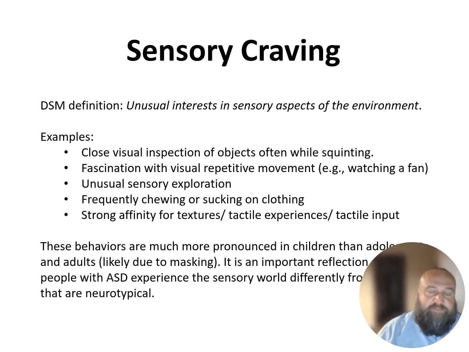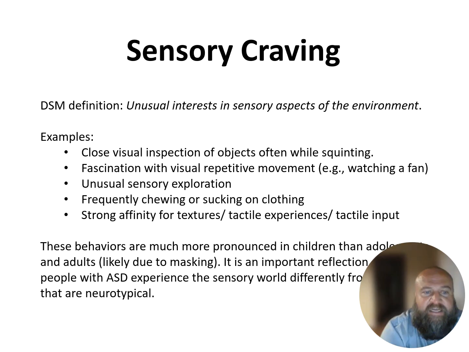Another interesting aspect of the sensory component of autism spectrum disorder is something called sensory craving. This can be defined as an unusual interest in sensory aspects of the environment. So this is you interacting with your environment more than the passive things I was talking about before. And it usually leads to behaviors where the child, and it's usually children, engage in order to fulfill this craving.